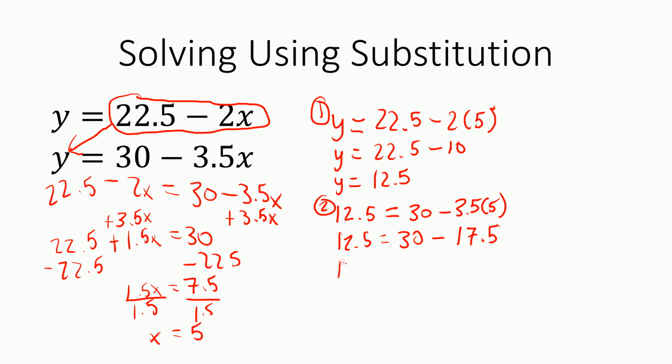And then 30 minus 17.5 is 12.5. So we have verified. So our solution is (5, 12.5). And I know that because that's the point that made both of them true. I showed it was true for, after getting x here, I showed it was true for the first one here and true for the second one here. So it's the point that makes both of them true.